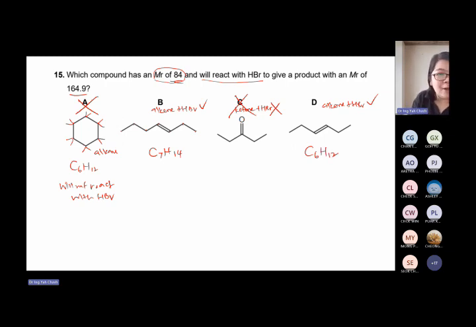So which one has a molecular weight of 84? 12 times 7 is already 84, plus 14, this is definitely more than 84. B is not the answer. Let's look at D. C times 6, 12 times 6, 72 plus 12, 84.